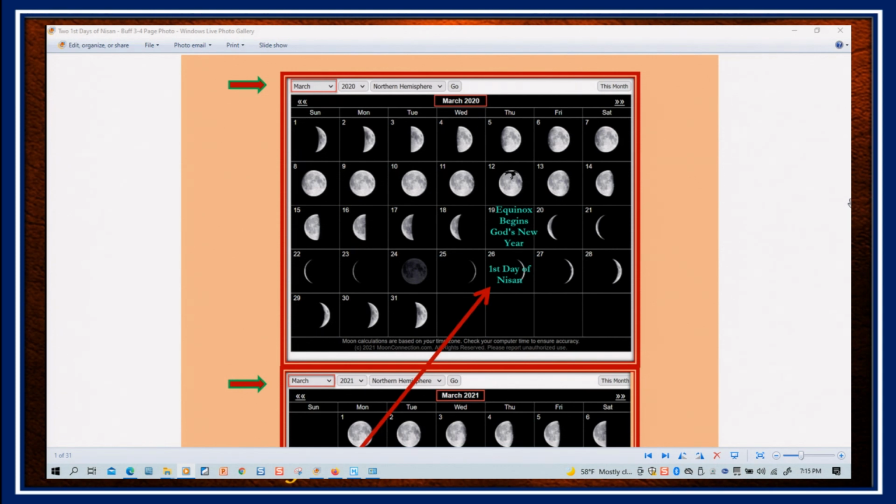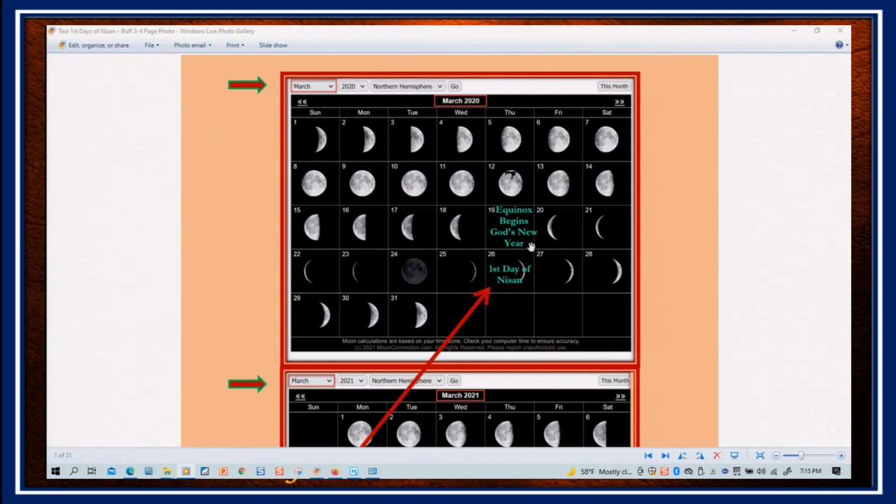And we're going to begin by verifying that we are indeed using the exact same dates for the first day of Nisan that the Jewish calendar utilized for the years 2020 and 2021. And of course we see right here March 2020 and down here March 2021. Now in March 2020 we see that the vernal equinox occurred on what?